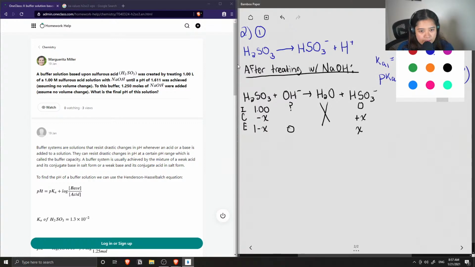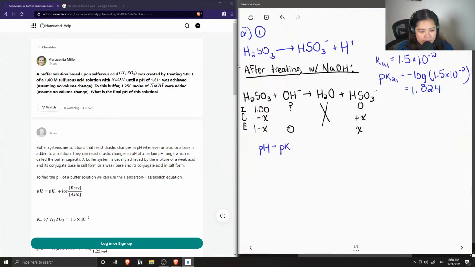So now from here, I can show that the pH is equal to pKa1 plus the log of our conjugate base, which is HSO3 minus, divided by the concentration of H2SO3.